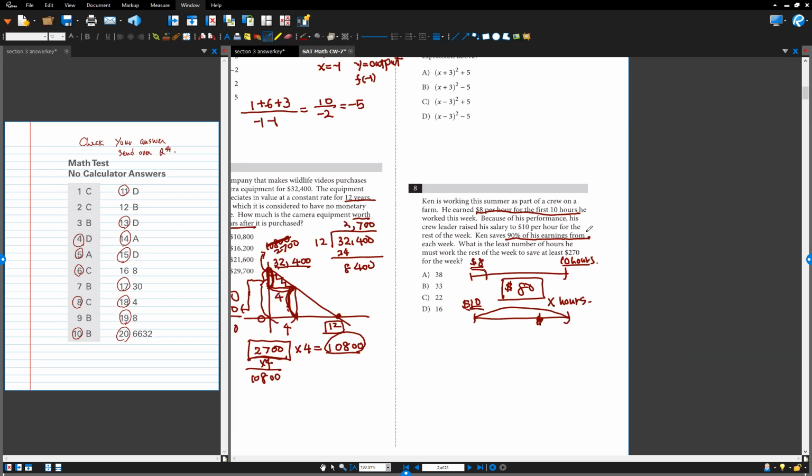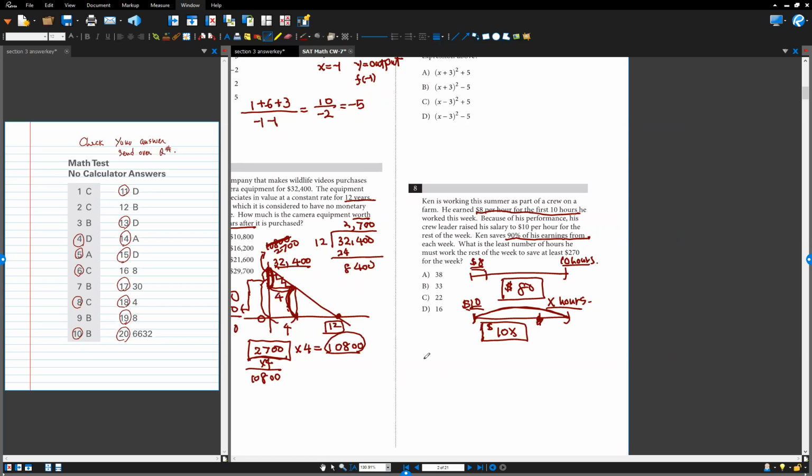Maybe someone plugs in numbers, but that takes too much time and is not a good idea. Just set up the right equation. So the first part is about $80. After 10 hours, each additional hour pays 10 times x dollars. This is the second amount. Add these for the total, and 90% of this total will be saved.